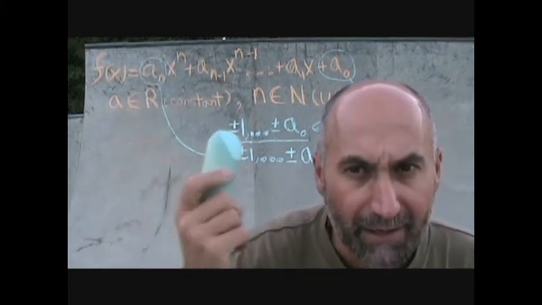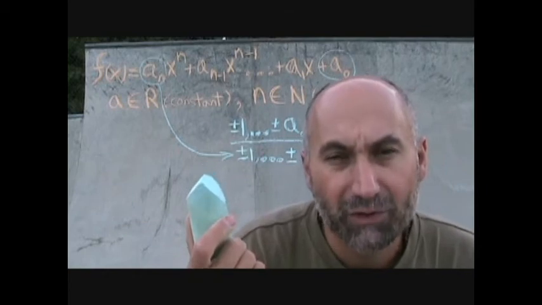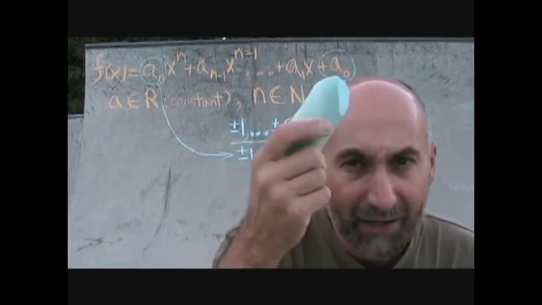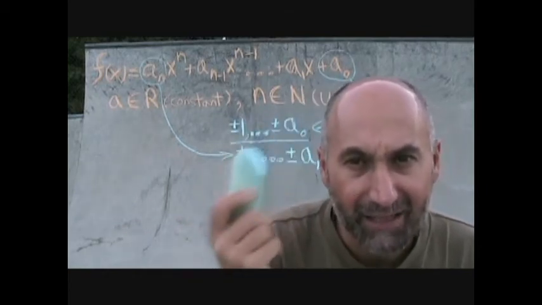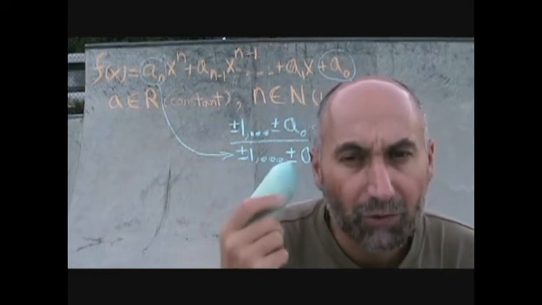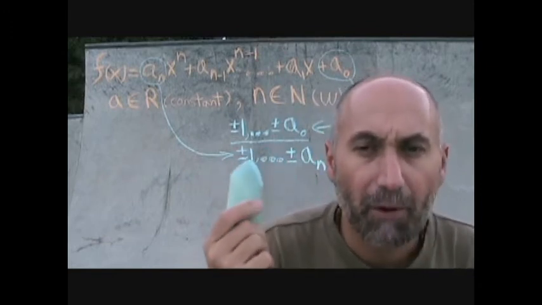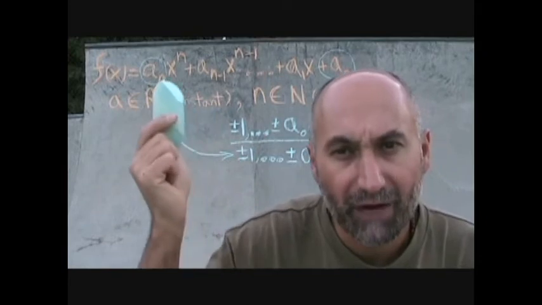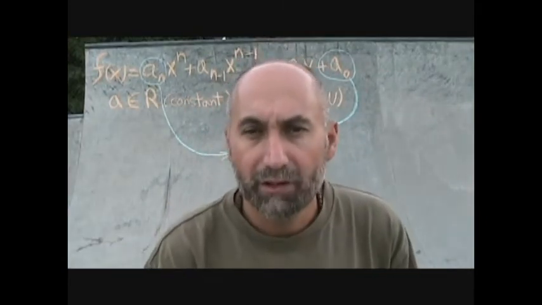And you get into fractions once you get in there. The possible factors of that guy are just that guy divided by plus or minus 1. So you can think of it as the possible factors of that guy divided by possible factors of that guy. Let's move down and do one example, and then you'll see how it works out.